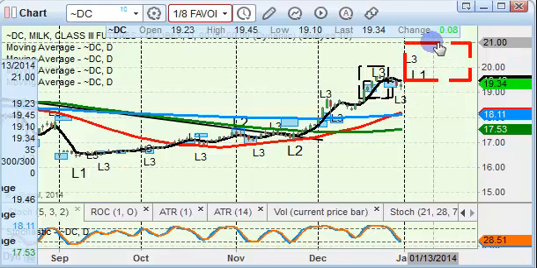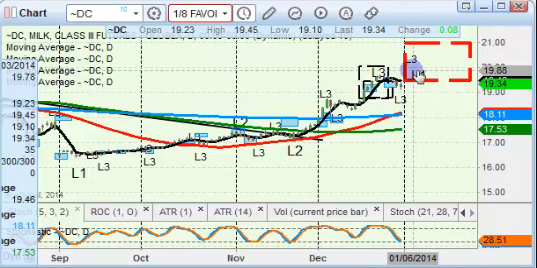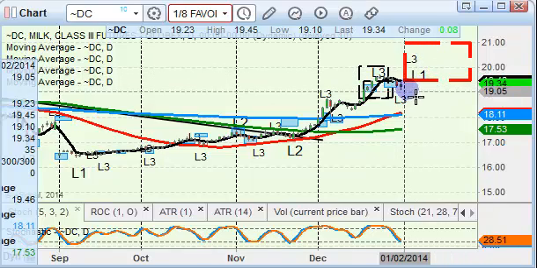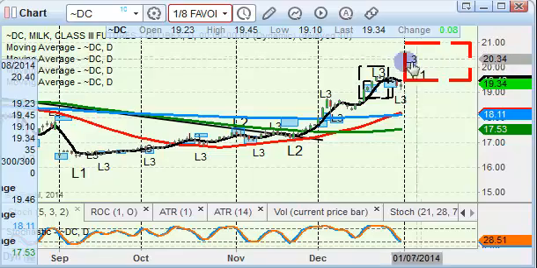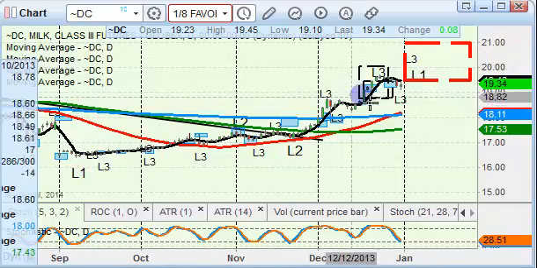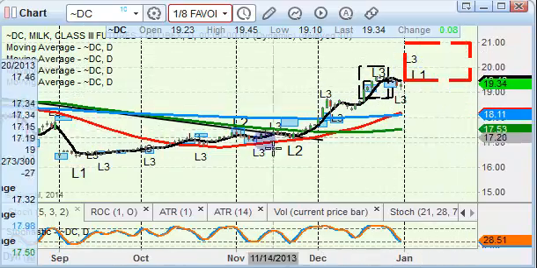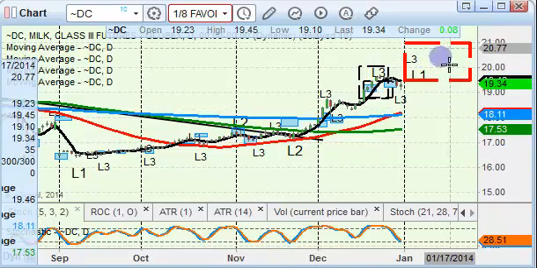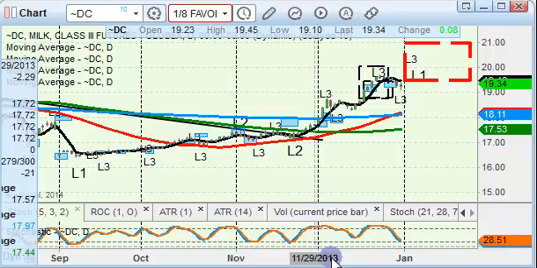And even though we're allowing $21, that seems a bit ridiculous to me. I think it's going to top out on the low side of this time zone. I'm considering no more than 20. And I'm also considering an early top. So the L1 trend goes up into this time zone, comes down out of it. The L2 trend goes up into this time zone, comes down out of it. So it's a setup for a top, looking for a sell signal.